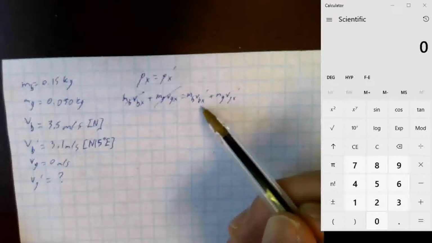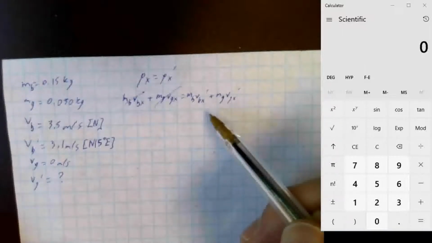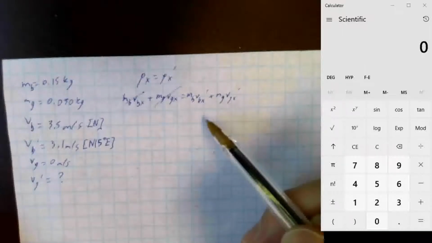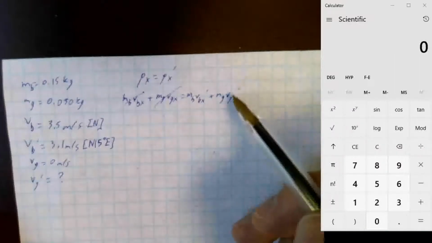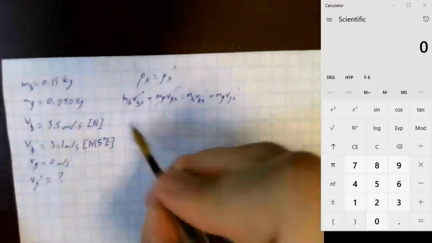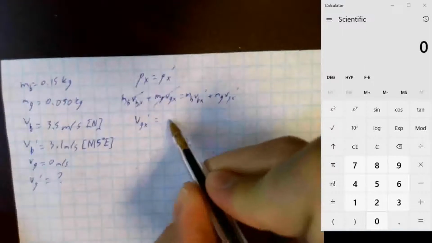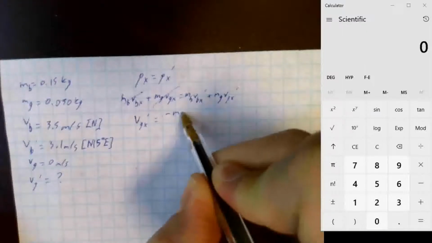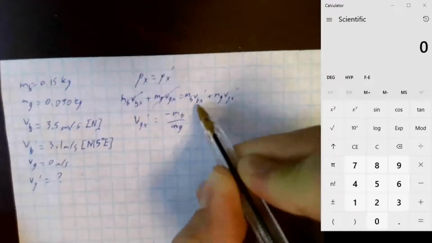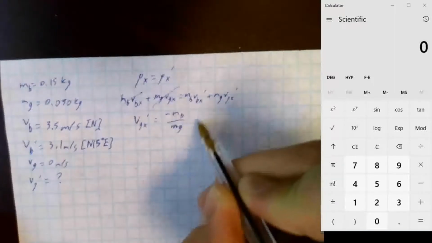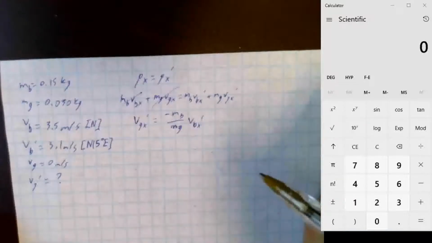Afterwards, I will have a component in both. So these are both going to be non-zero values. And because I need to solve for v_g prime, I need to solve for v_gx prime here. So my v_gx prime is equal to negative m_b over m_g times v_bx prime.